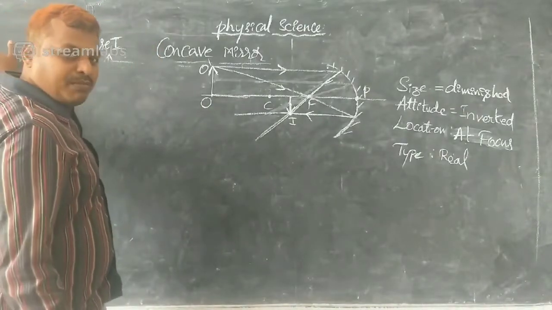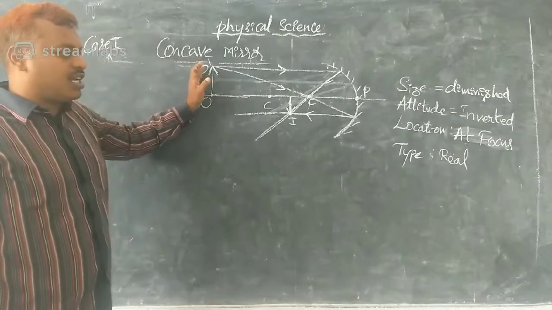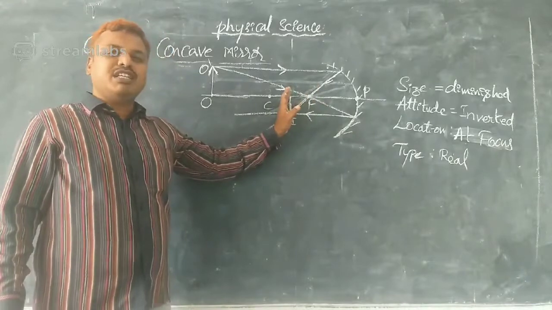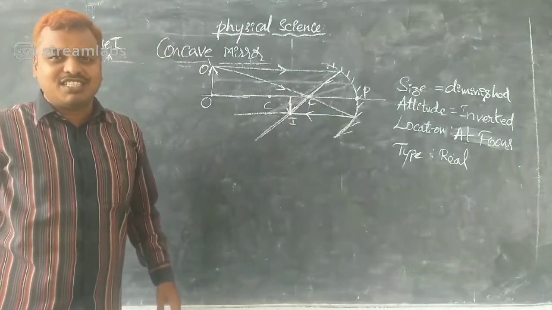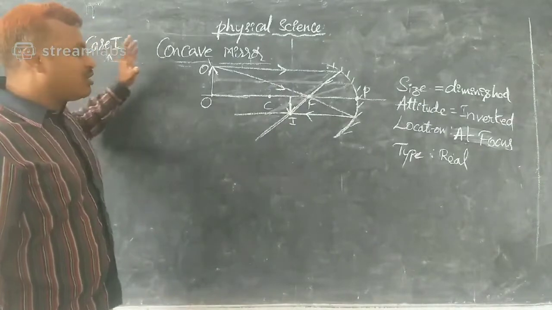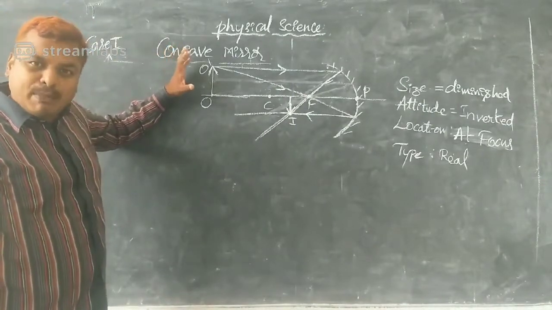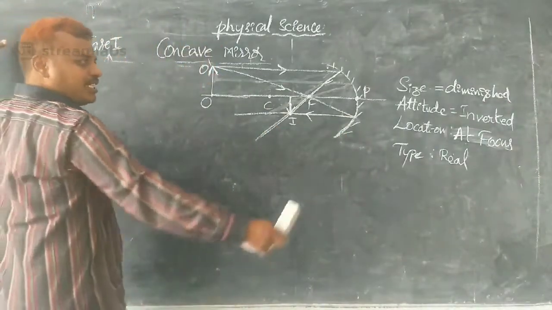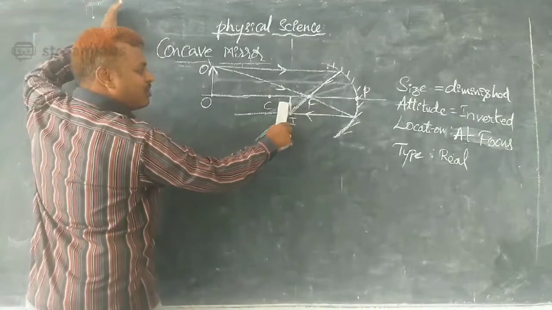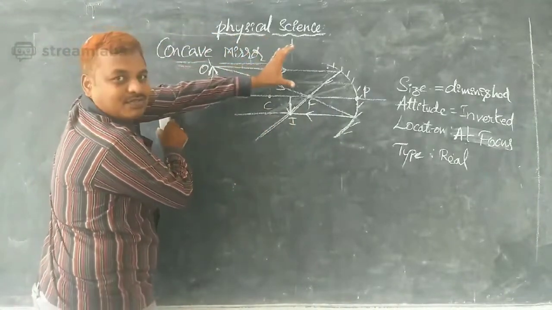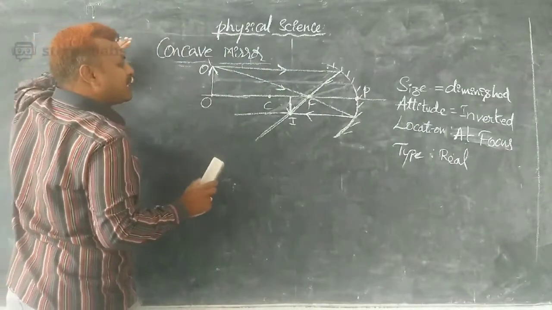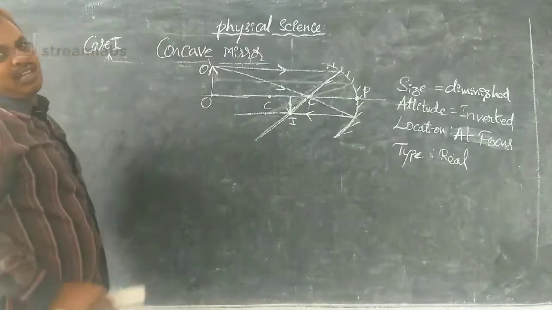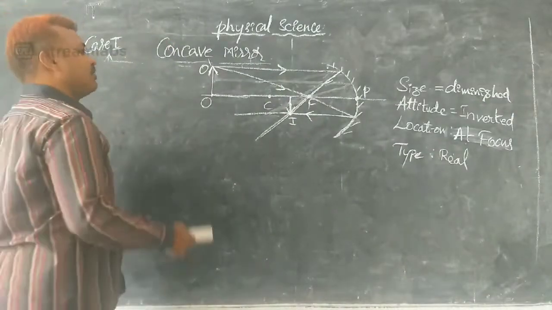I brought the object from infinity to beyond center of curvature, and the image started from the focus to in between center of curvature and focus. So the image moves away from the mirror as the object is coming nearer towards the mirror.